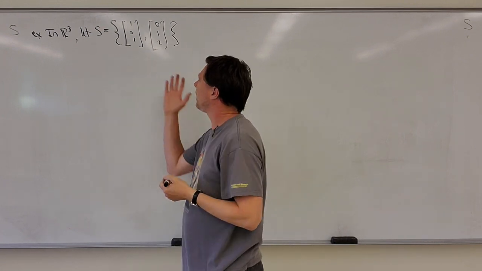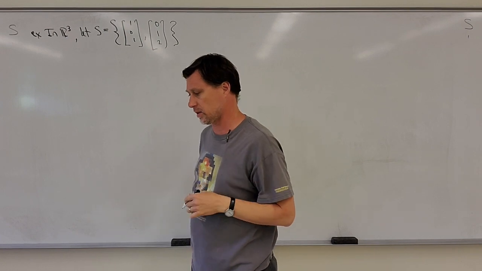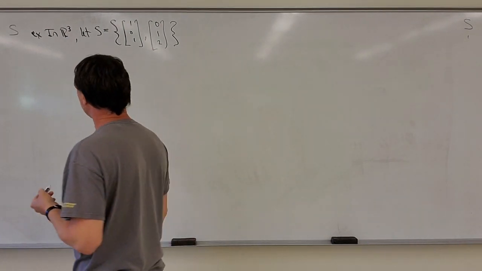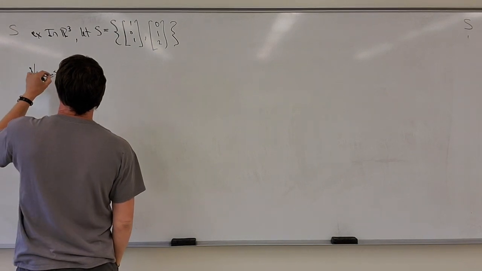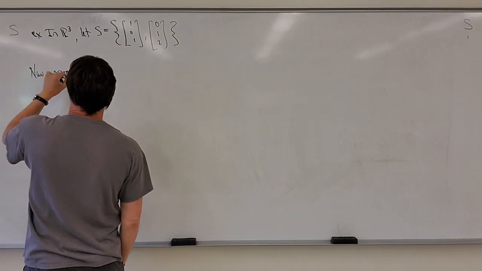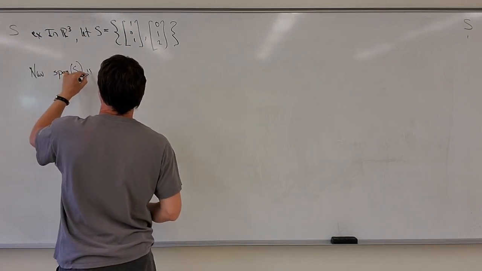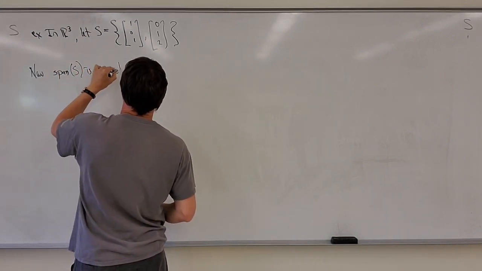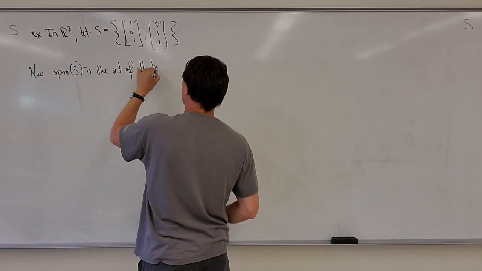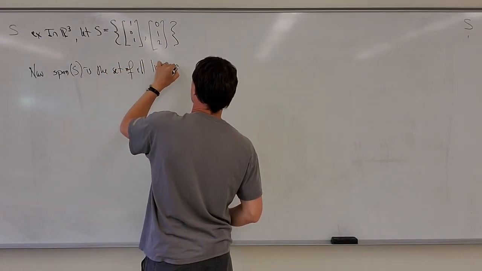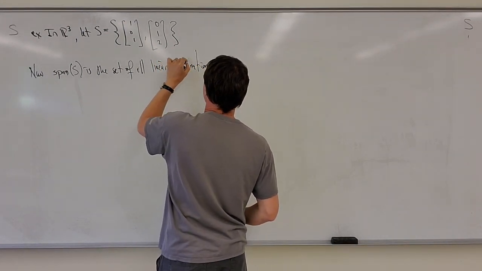Now, what I'd like to do is try to get a feel for what the span of S looks like. The span of S is the set of all linear combinations of this form right here.